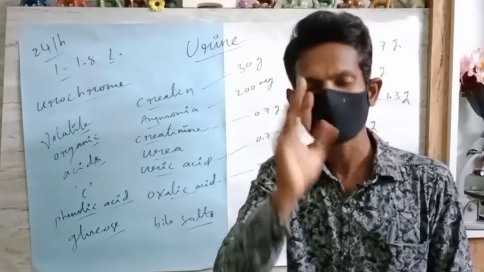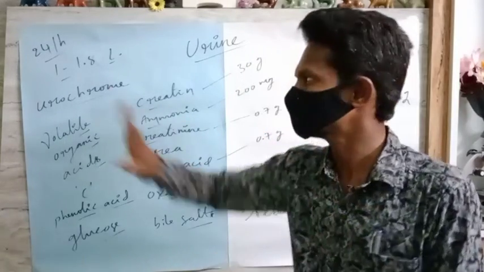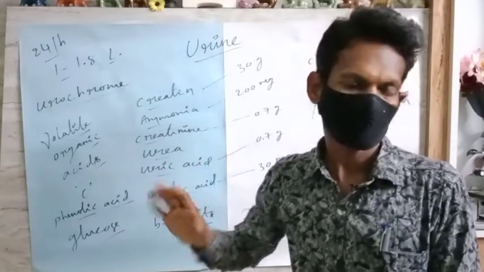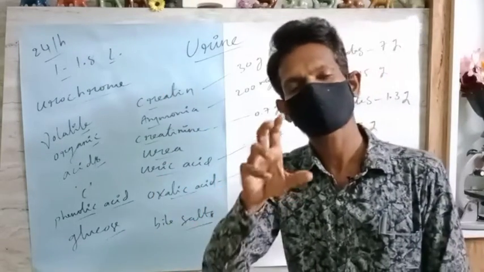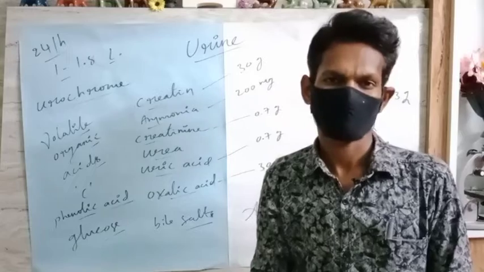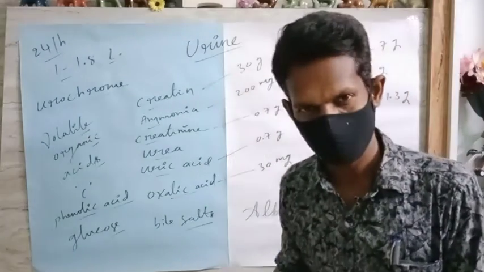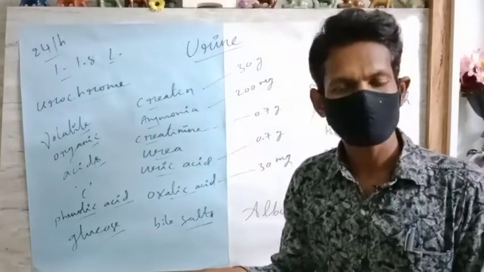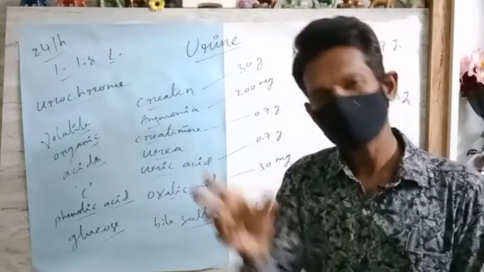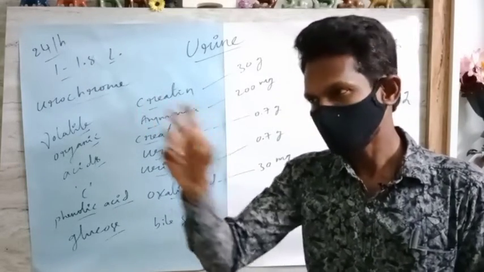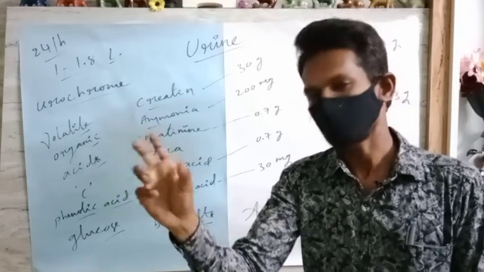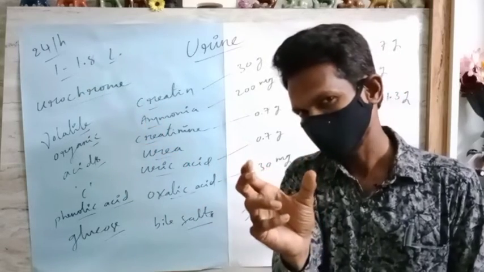day for the proper functioning of the kidney and the formation of the urine, to maintain the homeostasis and osmoregulation by the kidneys. Take an example. Someone has 50 kilograms weight, 50 by 30 is around 1.5 liters. So 1.5 to 1.6 approximately.